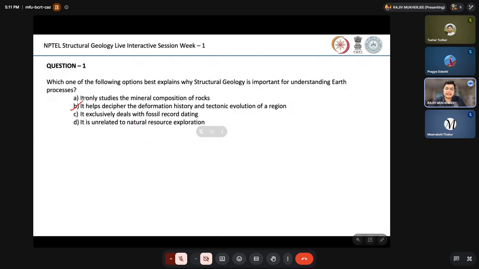That means the deformation took place in the past, and that's how people started observing rocks as materials rather than just rocks as rocks. Rock, like any other material, say for example metals or alloys or ceramics, also behaves like any other material. So from a material perspective, when people tried to understand how metals or ceramics behave, they also started looking at how rocks would behave if subjected to the same kind of conditions.